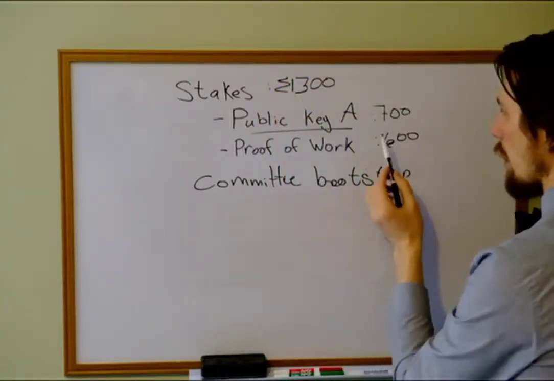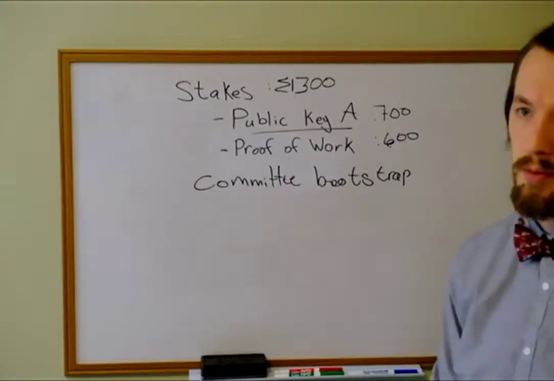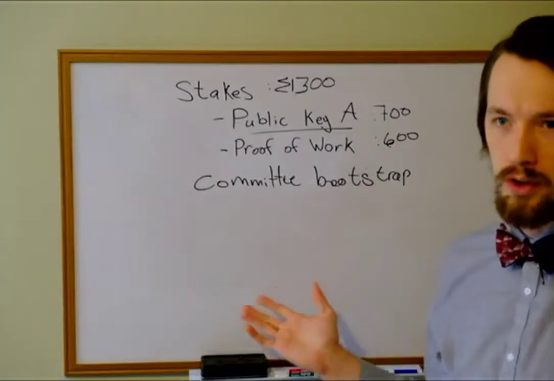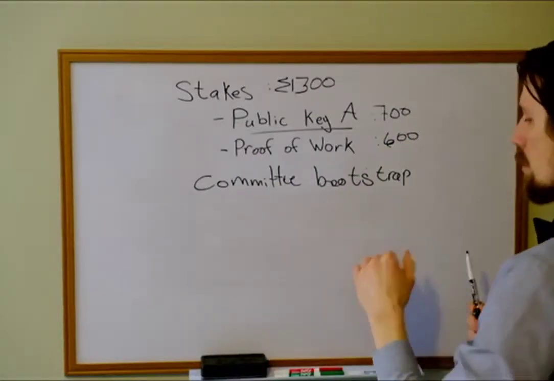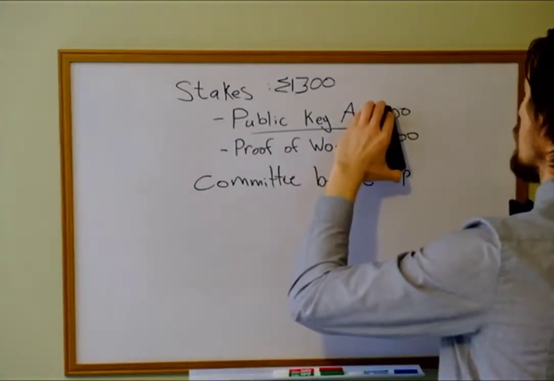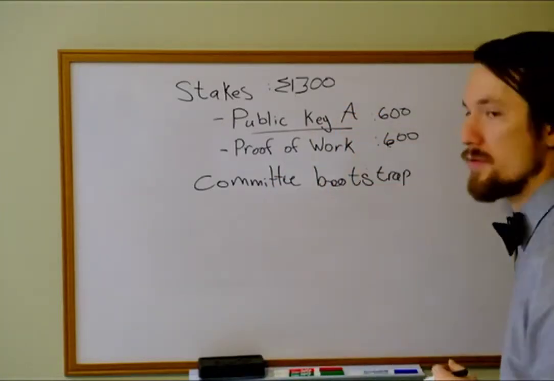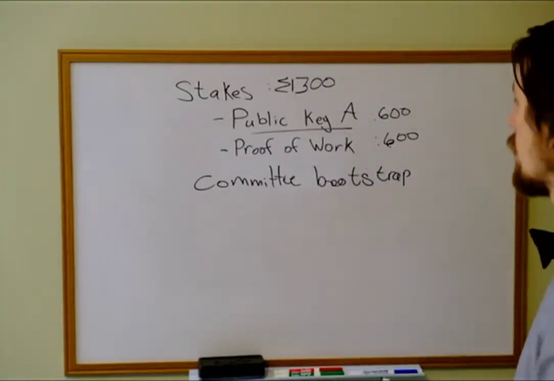Then they would have a greater than 50% stake in the committee and their vote would go. They could alternatively choose something like 600 and then do a proof of work themselves. Again, they'd have the say.